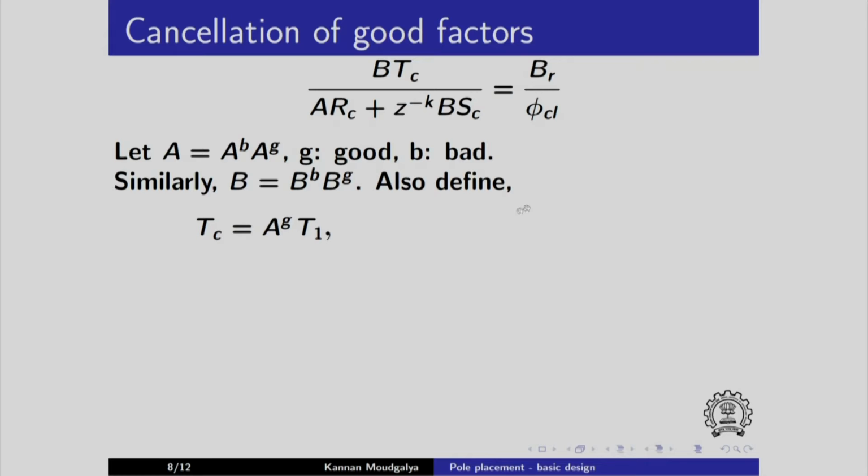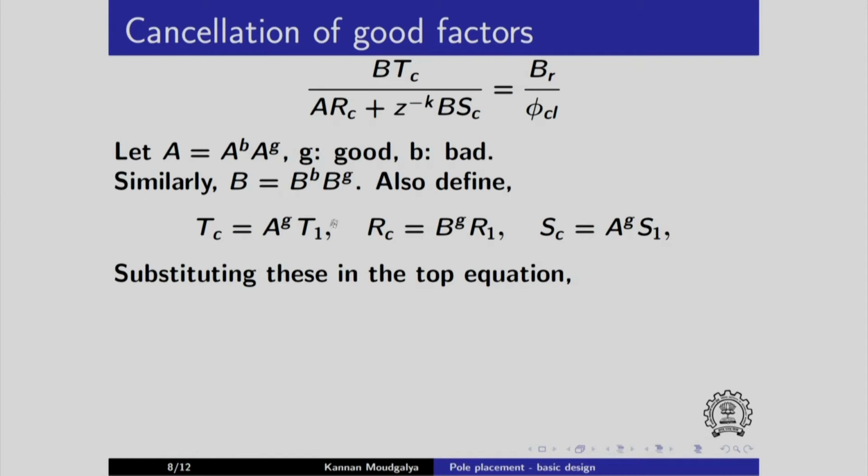After that, we also define our controller polynomials TC as AG T1, RC as BG R1 and SC as AG S1. These are the terms that appear in this closed loop expression.